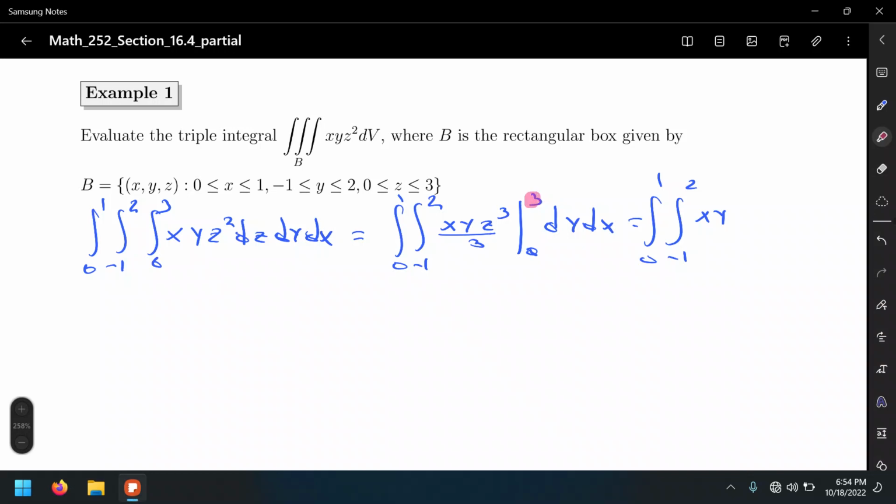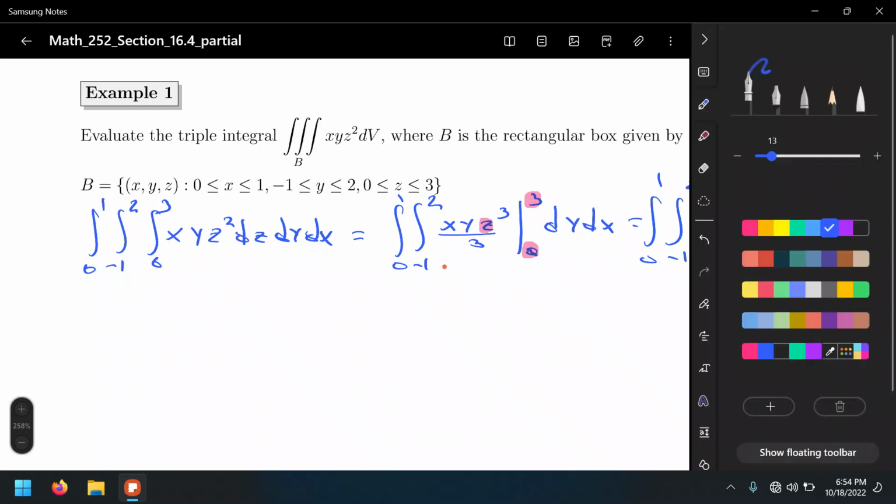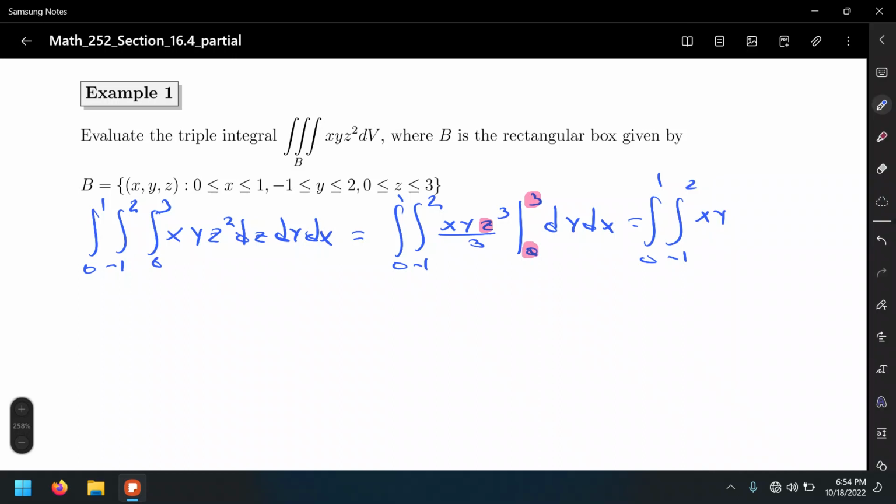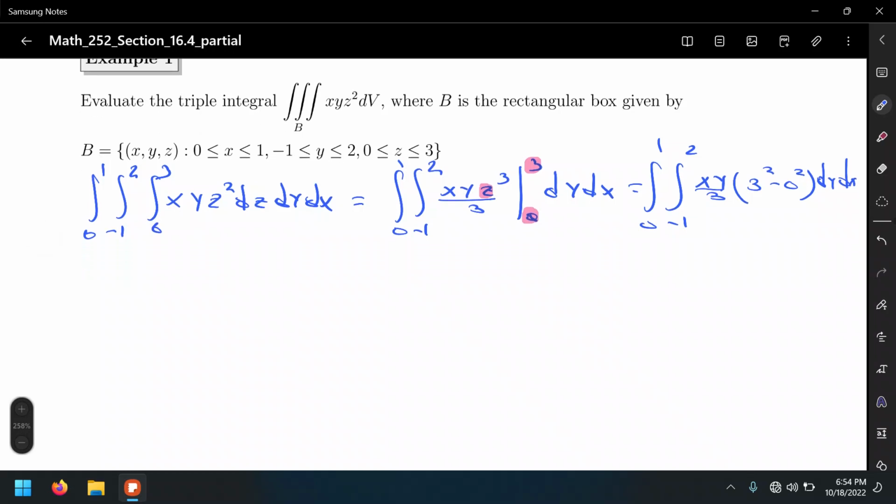So these limits of integration are going to be plugged into the variable that we are integrating with respect to, in this case, z. x and y just remain there. So that's x y over 3, times 3 cubed minus 0 cubed, dy dx.